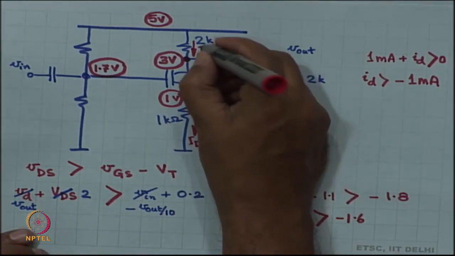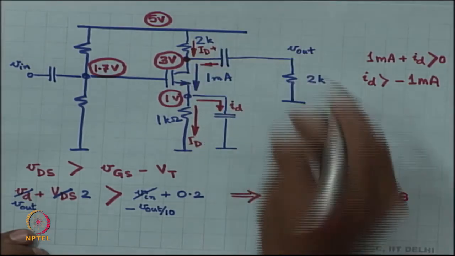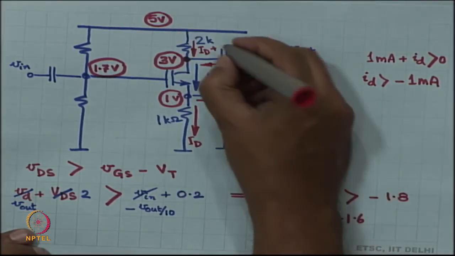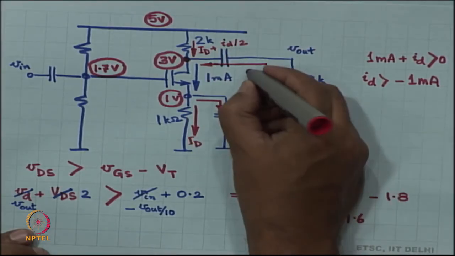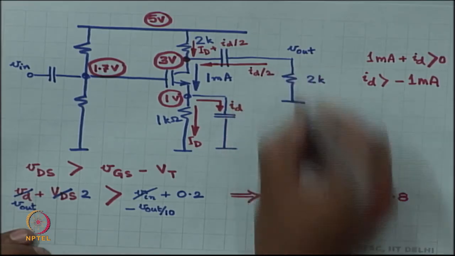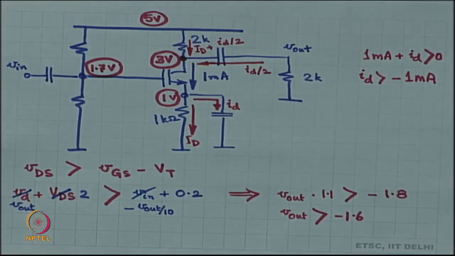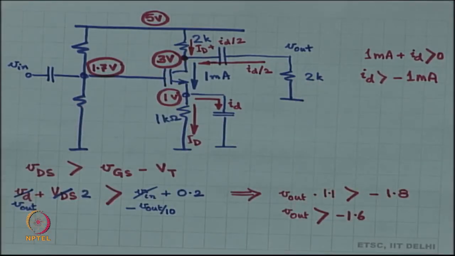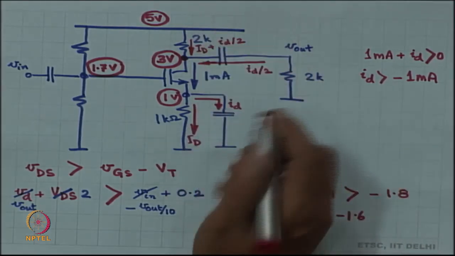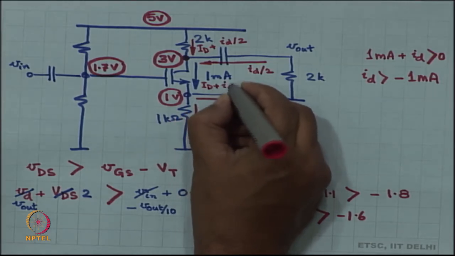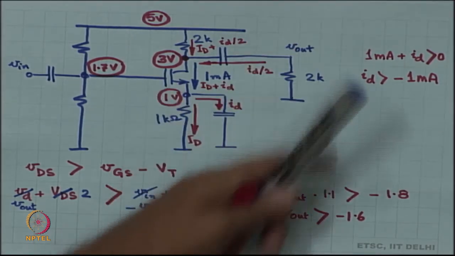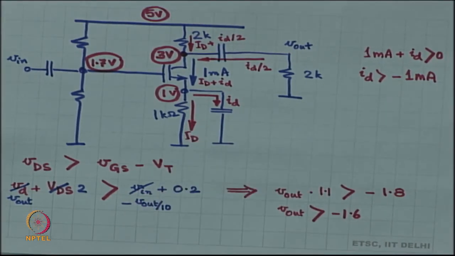So, this is capital ID plus the small id split is equal small id by 2, right, and this way the current is small id by 2, okay, because 2k and 2k, right. I am just trying to understand the situation. The net current is capital ID plus small id, okay, which again splits up into the capacitor and the resistor at the source. All right.